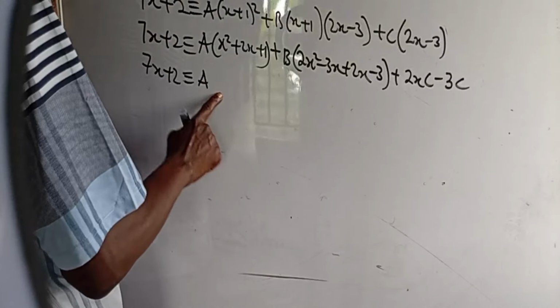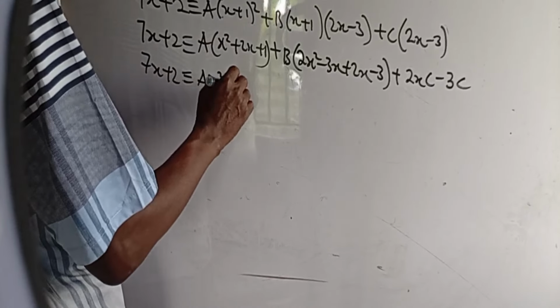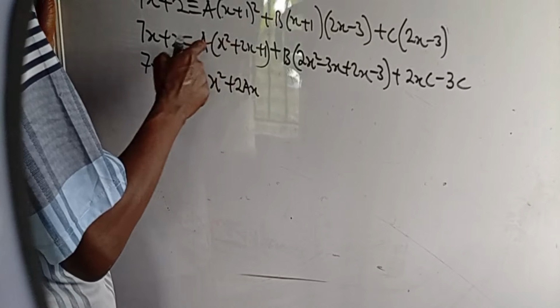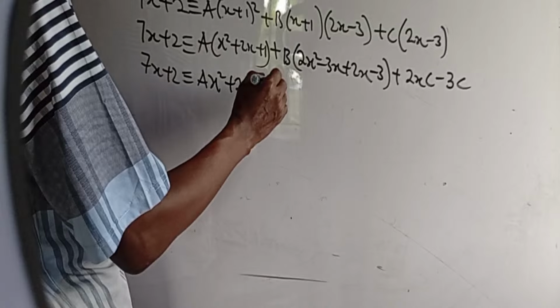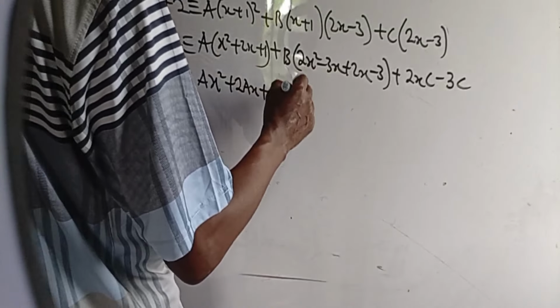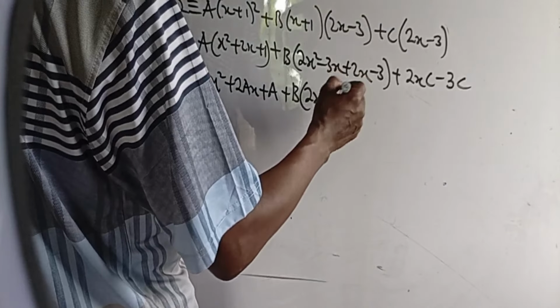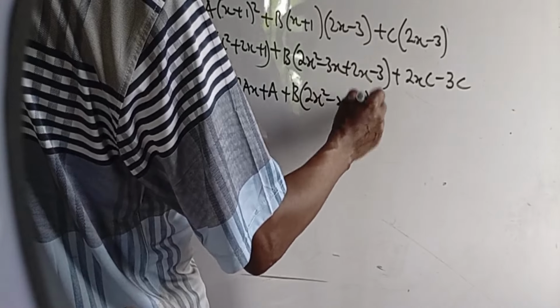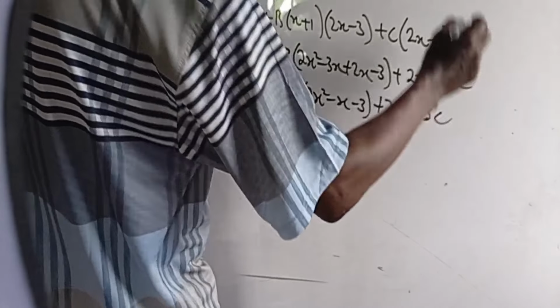Now we are expanding: ax squared plus 2ax, that is we are multiplying out by a, plus 1 times a, plus a. Let's close this one. Minus 3x plus 2x, that's minus x minus 3, plus 2xc minus 3c.